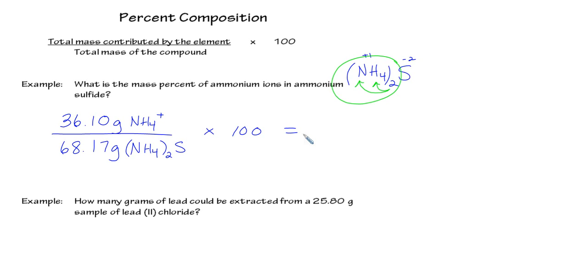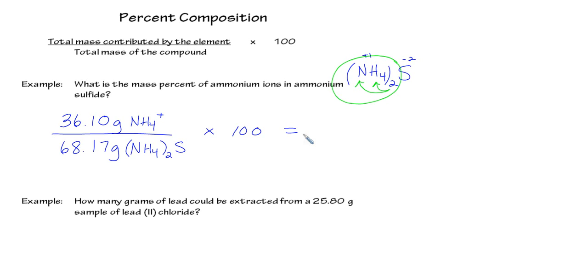Now, as far as sig figs, all the numbers that I have down are constants. I personally did not measure the molar mass of any of these atoms. So if you get something like this and you have to round to sig figs, you're always safe with a percentage going 2 decimal spots.